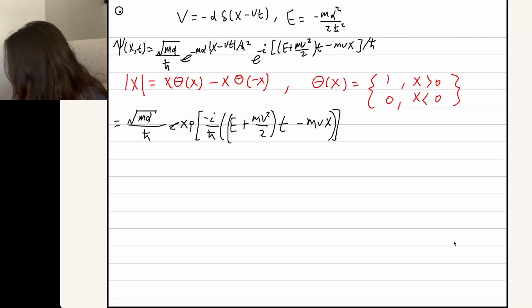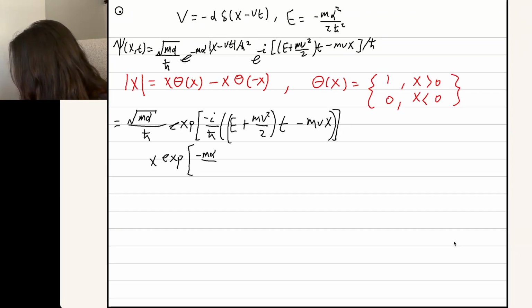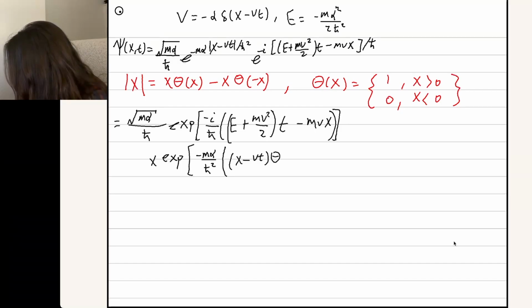Right? But then also times another exponent, which is going to be minus m alpha over h bar squared times a bunch of stuff: x minus vt times theta of x minus vt, minus x minus vt theta of vt minus x. Right?